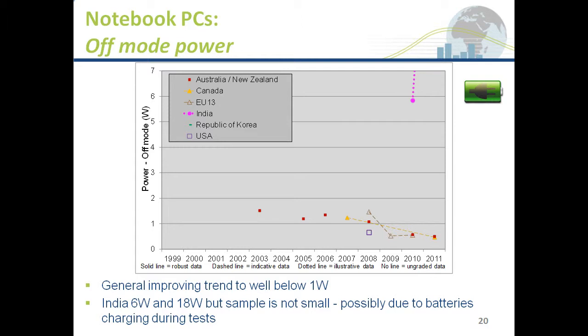The products on display in India were not always switched on, and so once they were switched on, the battery was likely to begin charging and so give higher readings.